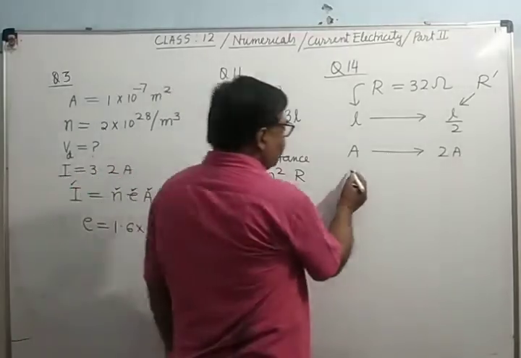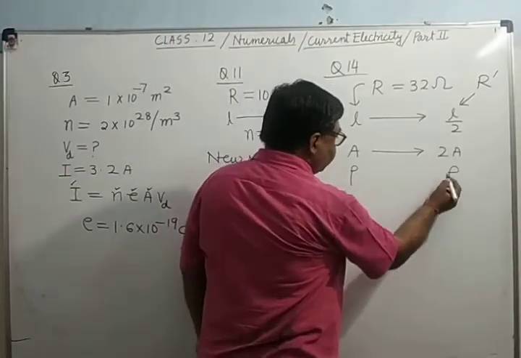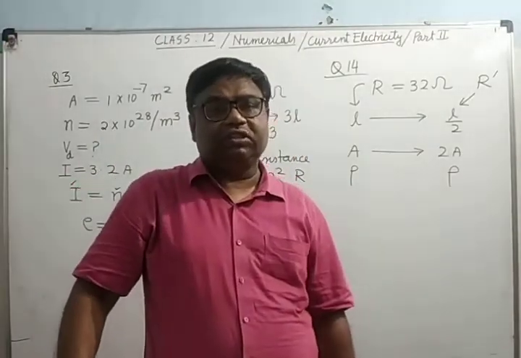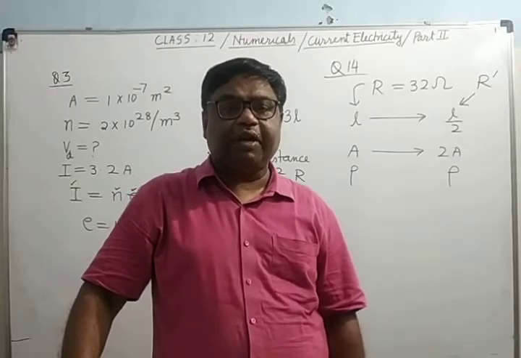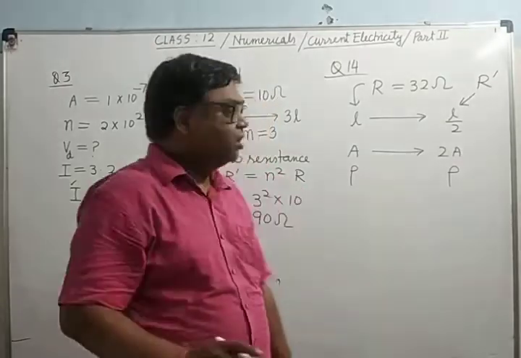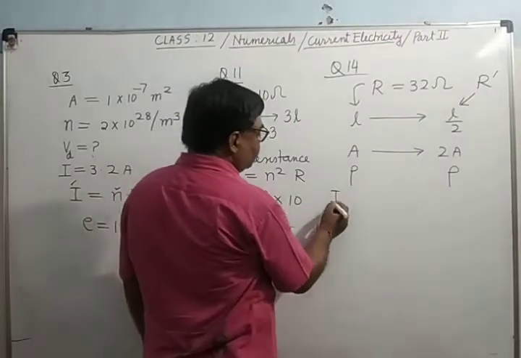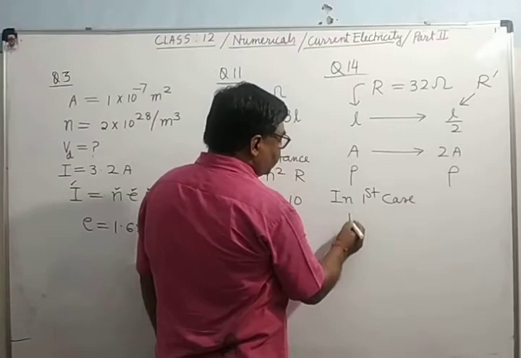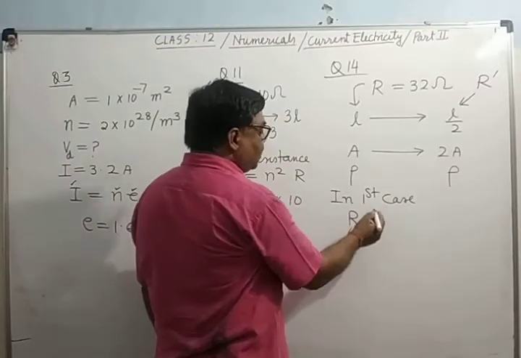As you know, the resistivity will remain the same because on melting there will be no change in the resistivity. Resistivity depends upon the material and the material is the same here. So in the first case, what is the formula of resistance in terms of length and area of cross section?